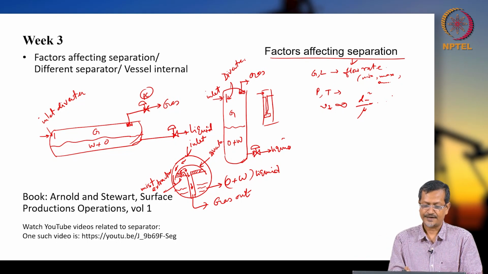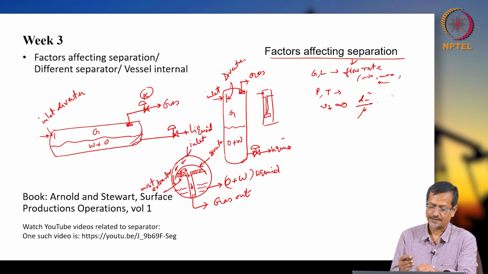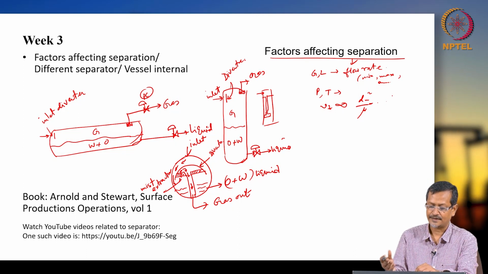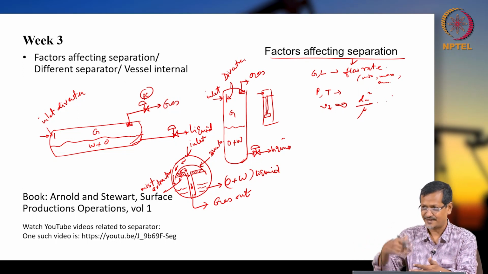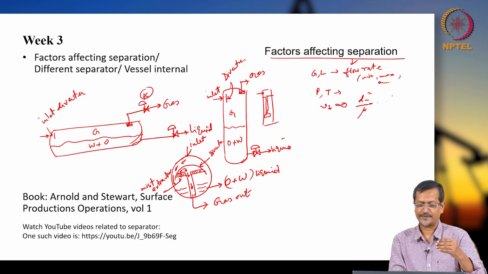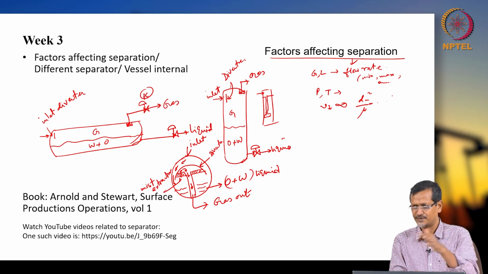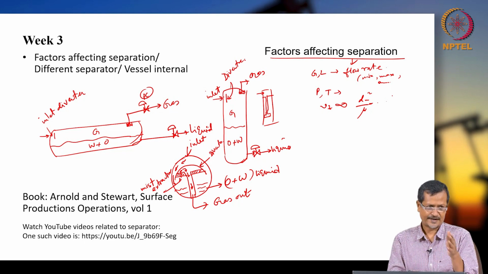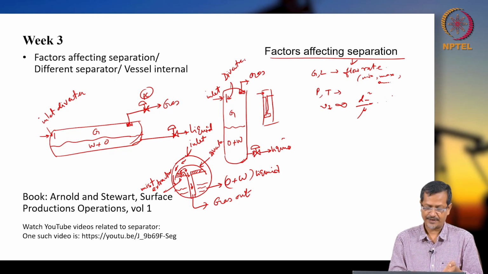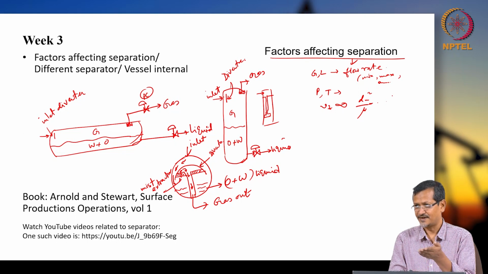Design degree of separation. For example, 100% of particles greater than 10 microns you can remove. Higher degree of separation is better, but in some cases you may allow a lower degree, depending on conditions. Presence of impurities: sand is one impurity, H2S is one impurity, paraffin and asphaltene are impurities.